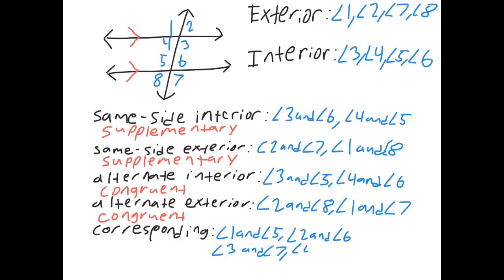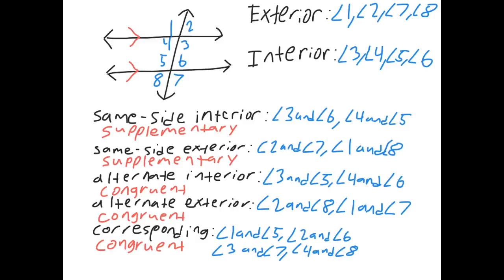And angle 4 and angle 8. So those are always corresponding. And corresponding angles are always congruent. Because if you took that bottom part and put it right on top, it would completely lay over and everything would be the same.